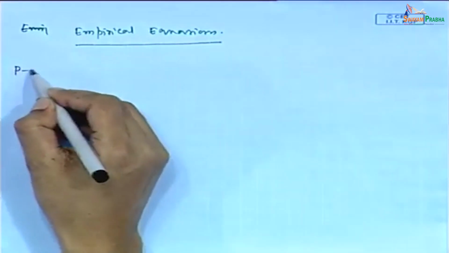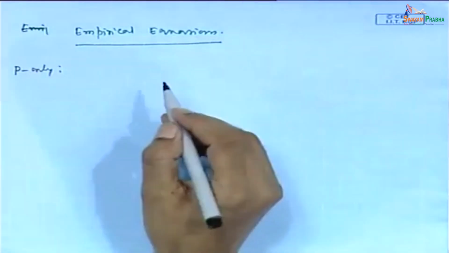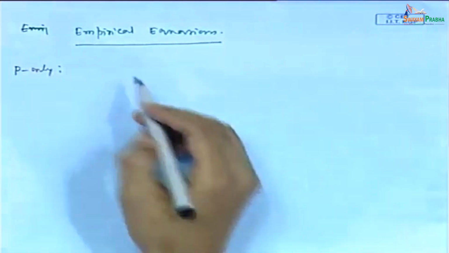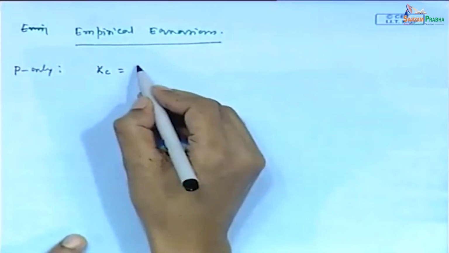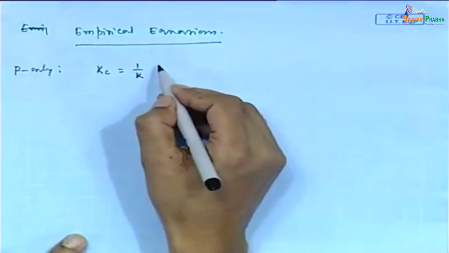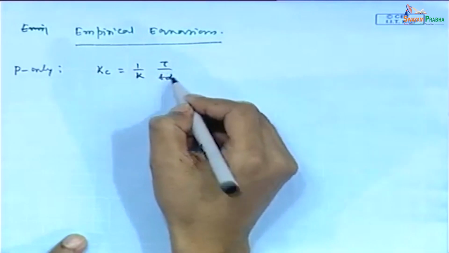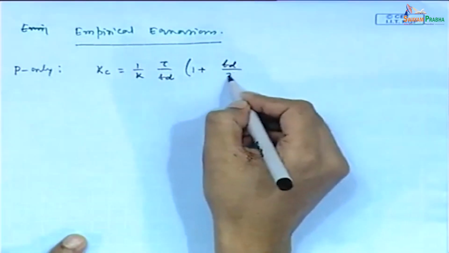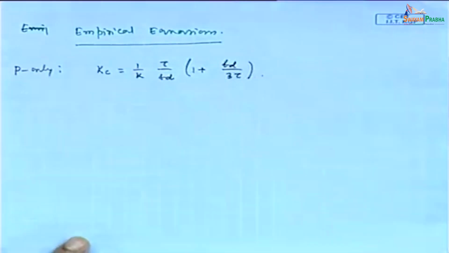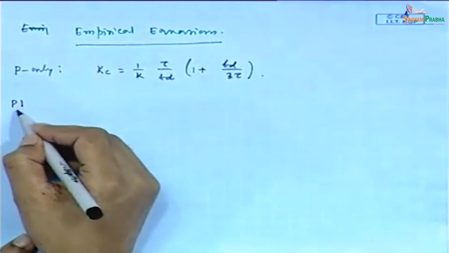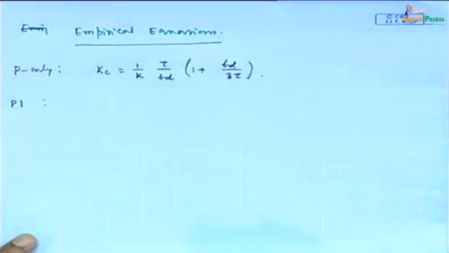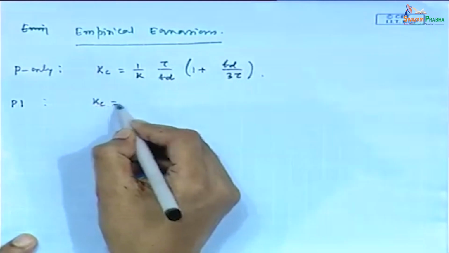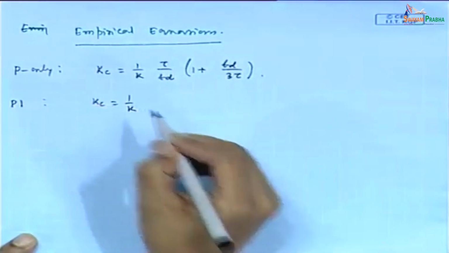For P only controller, they got the expression for Kc, where Kc equals 1 by K, tau by Td, 1 plus Td by 3 tau. For PI controller, they got two equations, one for Kc, another for tau i.